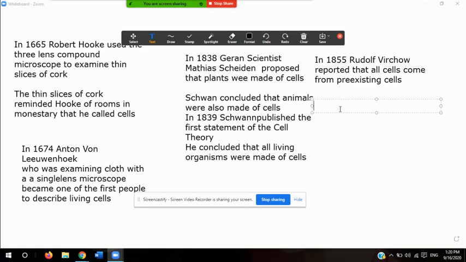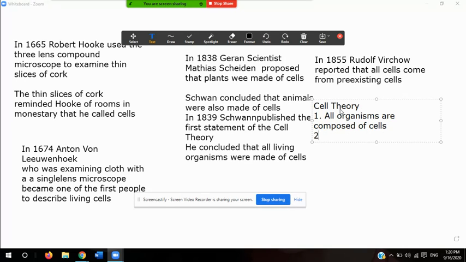Let's talk about the cell theory and the three points of the cell theory. The cell theory, where the first statement was proposed by Schwann in 1839 but other things were later added to it, states three important principles. Number 1, all organisms are composed of cells.